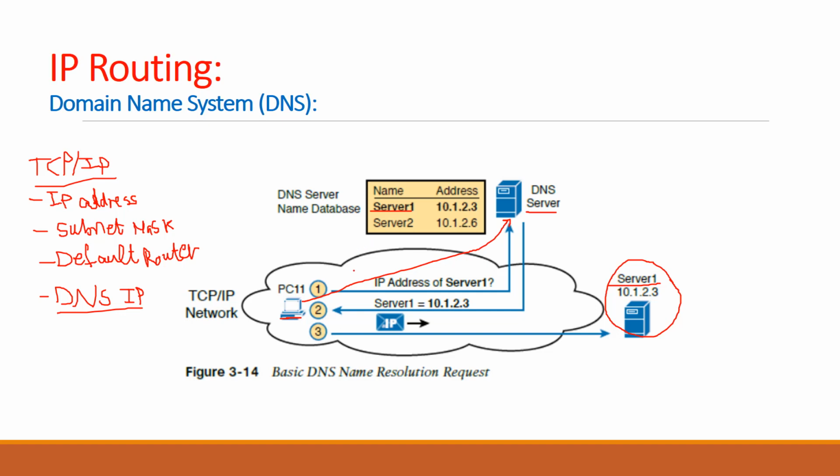So this query will be used by the DNS server to check its database and find the IP address of server 1 and send the response, a DNS reply, giving the IP address of server 1. Now PC11 knows the IP address, and then it will send the IP packet with this destination IP address in the IP packet.